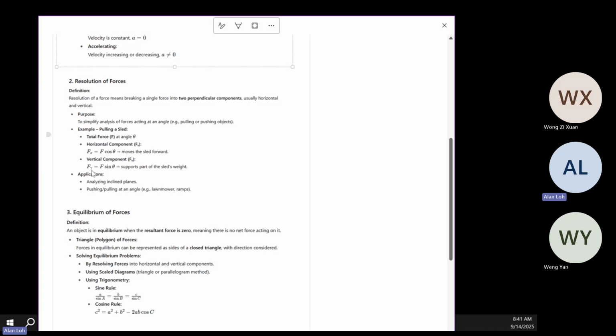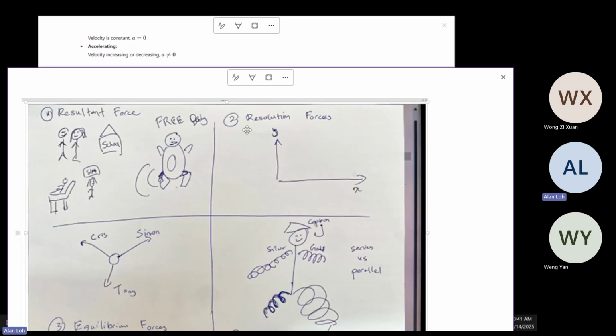Vertical is Fy, which is F sin theta. Right, sin angle. So in resolution of forces, they are the Y force, vertical, and the X force, horizontal. Two weeks ago, I do not know what story I wanted to create. I just created a y-axis and x-axis.